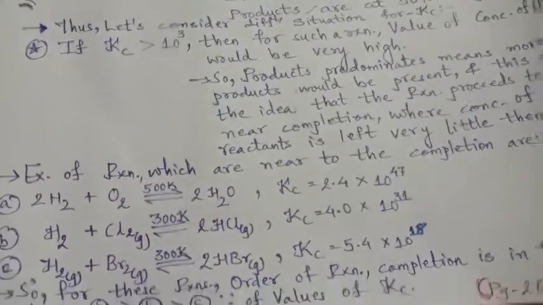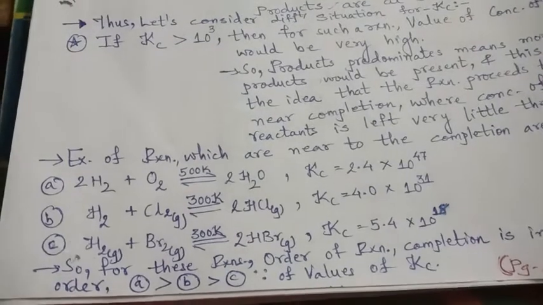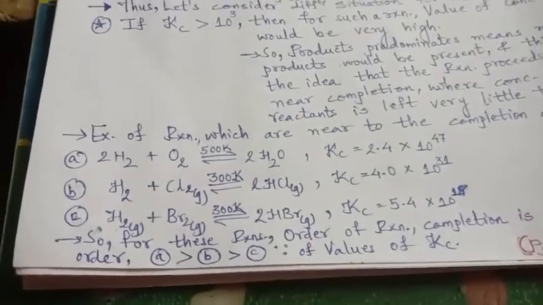So this is how, by getting the idea of Kc, we can come to know the extent of the reaction, how far the reaction is going to be completed.